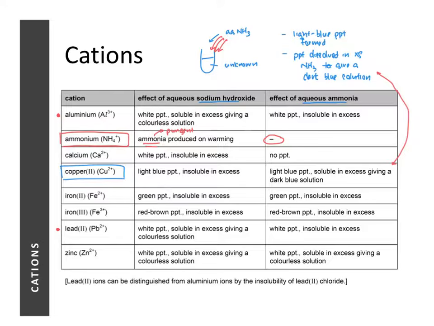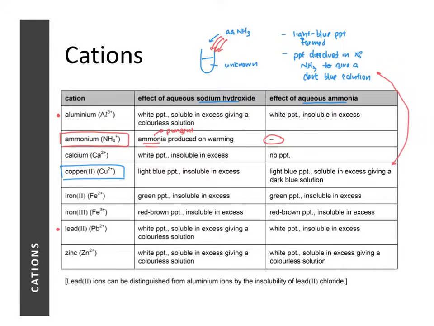Meaning, if we have an unknown solution and on adding sodium hydroxide we get a white precipitate soluble in excess, and then when we add aqueous ammonia we get a white precipitate insoluble in excess, we cannot conclusively determine that it contains aluminium or lead. So we need to perform an extra test.